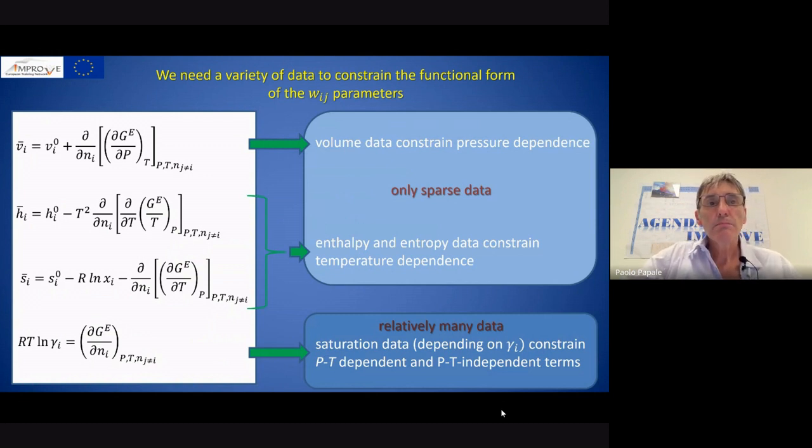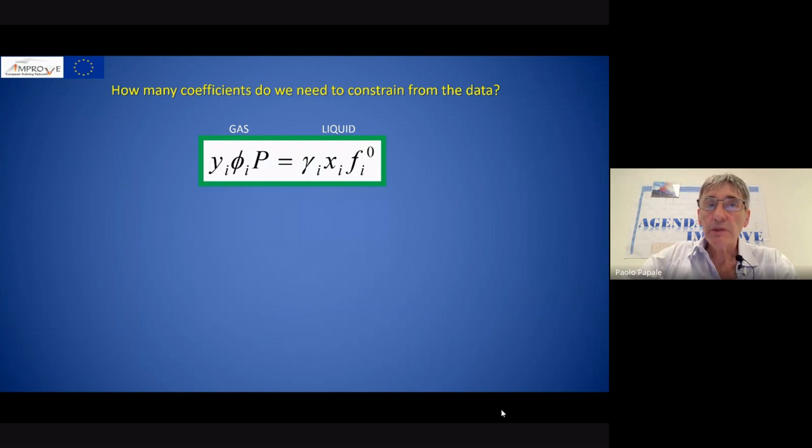How many model coefficients do we need to estimate? Note first of all that I use the term coefficients and not parameters to refer to quantities represented by numbers and that are constrained by regression of some datasets.